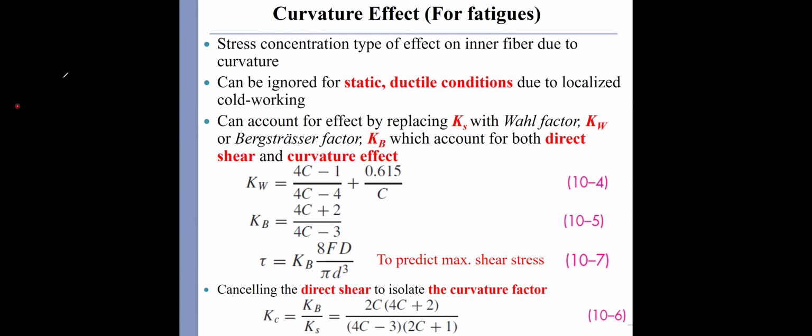Okay, so why do we need this coefficient? Because of the curvature effect. The inner fiber and the outer fiber have different stress concentrations due to their different lengths. I'm going to explain this later, but at this moment we say that due to this effect, there is stress concentration at the inner and outer fiber.